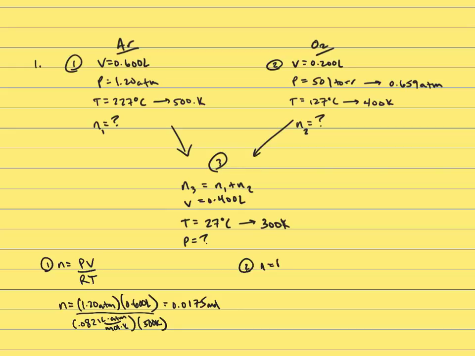Okay, we'll do the same thing for situation number 2. Find the number of moles. In this situation, my pressure is 0.659 atmospheres. And yes, it has to be in atmospheres, so you have to convert that torr over. Volume this time is 0.200 liters, divided by R, 0.0821, times K, which is 400.